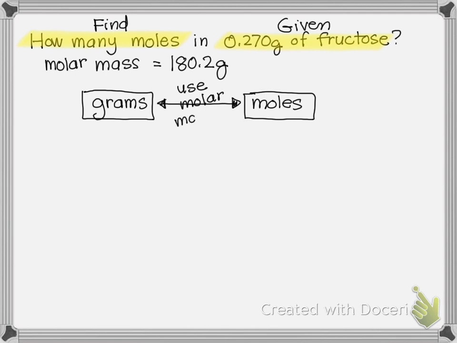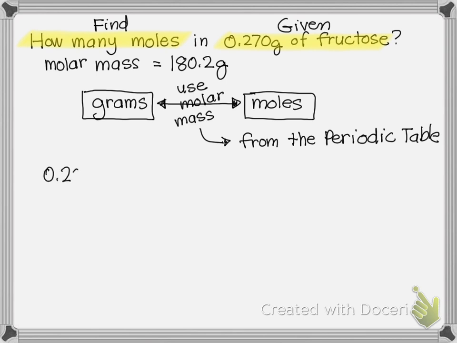And the molar mass can be calculated using the periodic table and the formula. In this particular problem, the molar mass is given, so I don't have to calculate it. If the molar mass was not given, then I would have to calculate it. So since it's given, what you're always going to write down is the given.